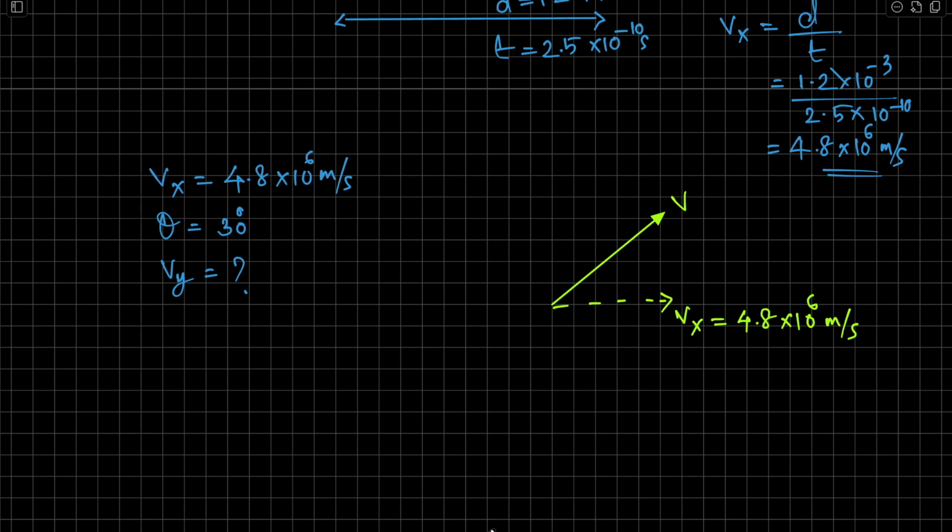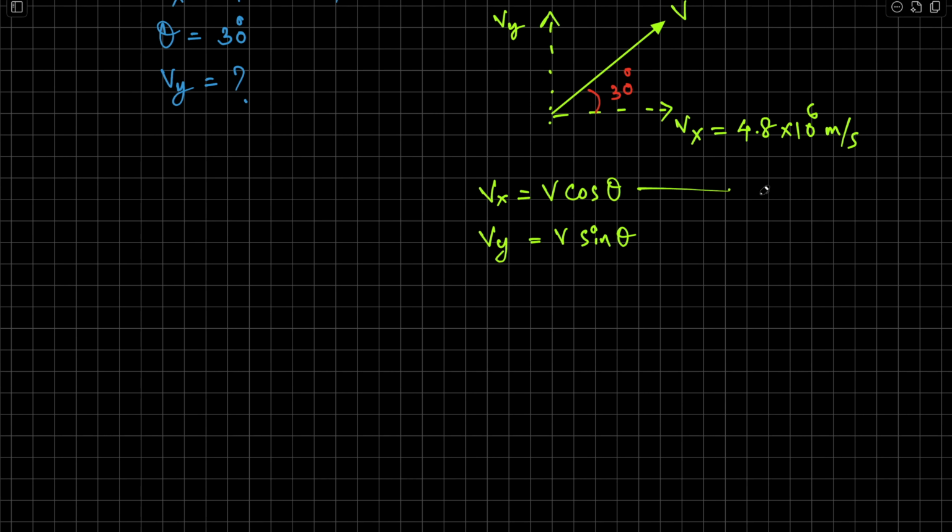This angle is 30 degrees, and we need to find the y component. This is the y component, vy. vx is v cos theta, and vy is v sin theta. Let's call this equation number 1 and this one equation number 2.